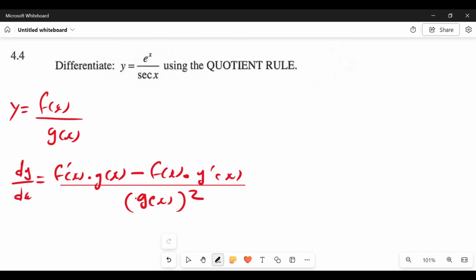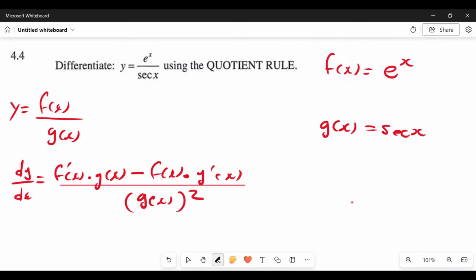Basically, this is how you use the quotient rule. Now it means that we need to differentiate f of x and g of x. So we can say here f of x from this equation is equal to e to the power of x. And we can also say that g of x from this equation is sec x.